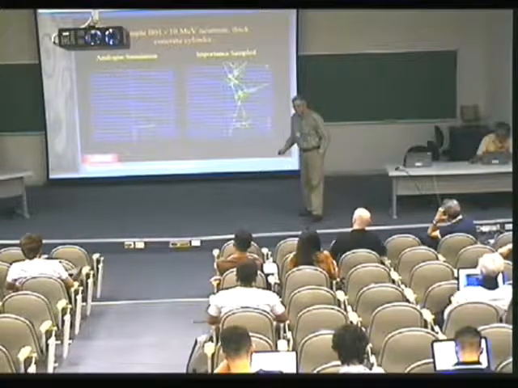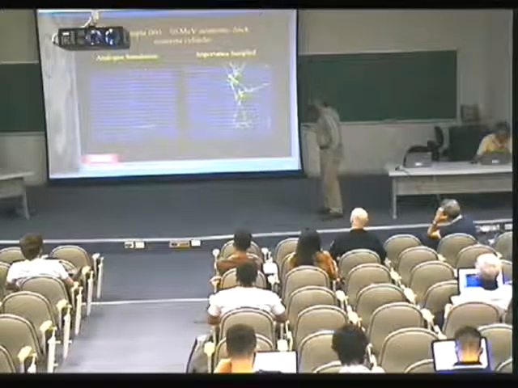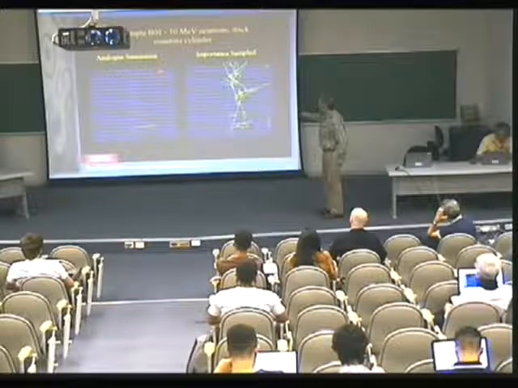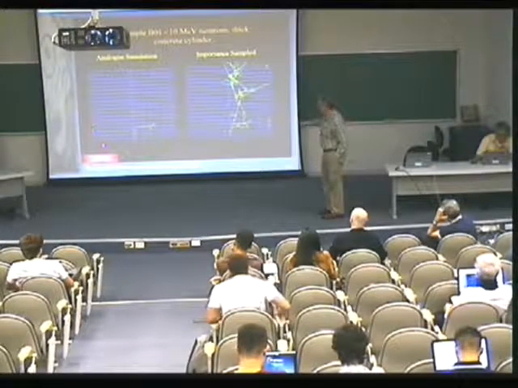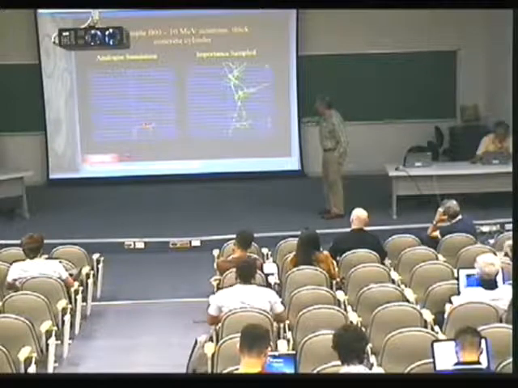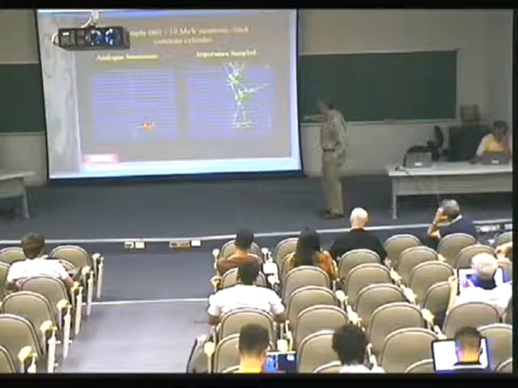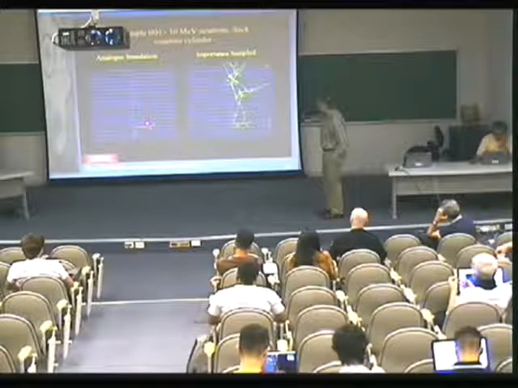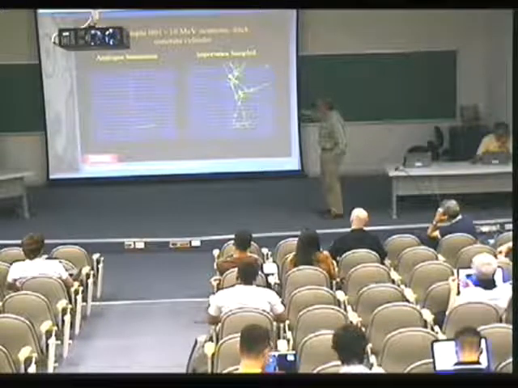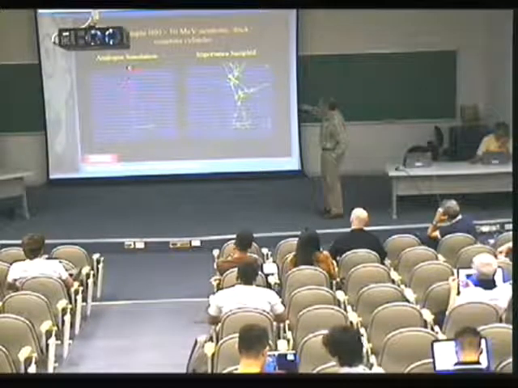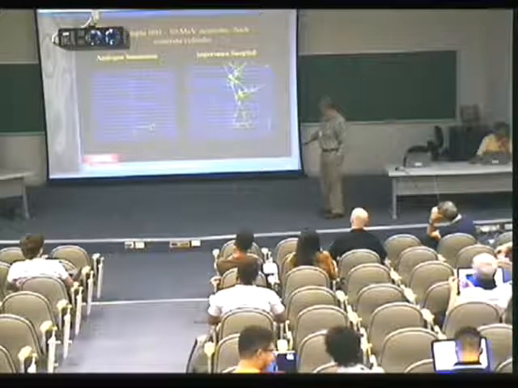Here's an example of an event in which this importance biasing is used. So if you just did the straight Geant4 simulation of some particles going through some thick shielding, this is what you would get. Particles go in, they're either absorbed or they scatter, and the secondaries are absorbed almost immediately. And you would have to run for a very long time before the probability of getting something coming out the other end would be possible.